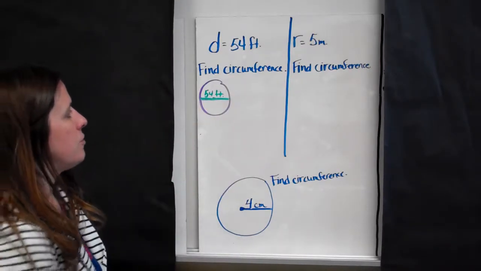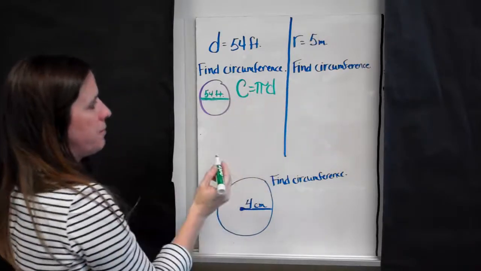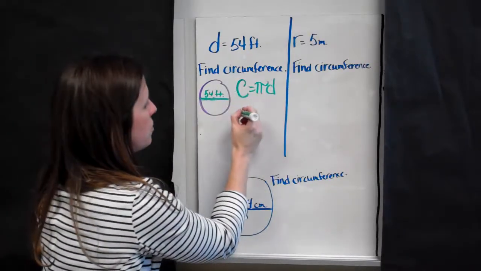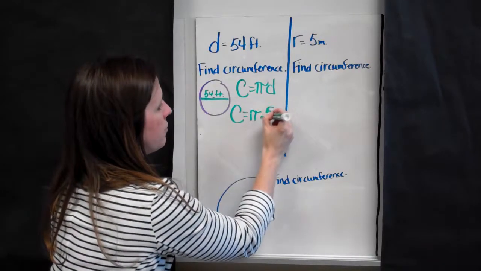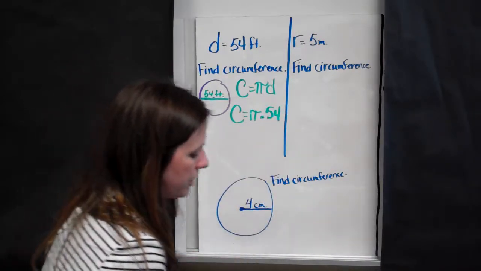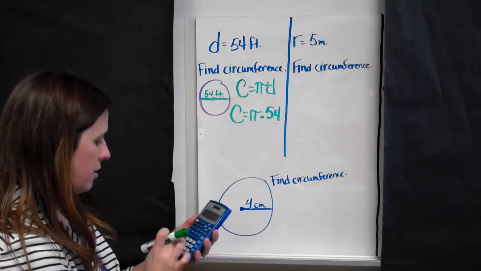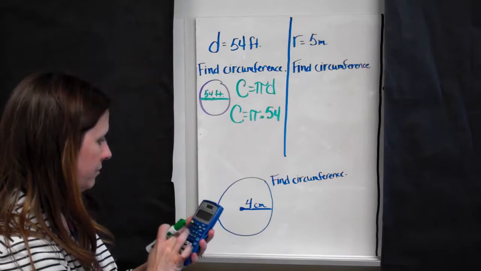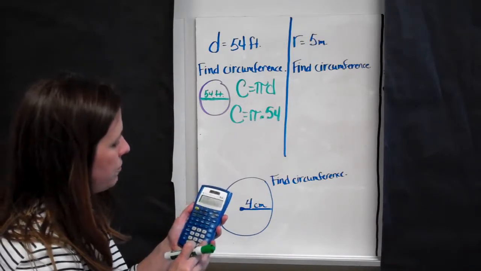To find circumference, we said you're going to take pi times diameter, and we know our diameter is 54. So we're going to do pi times 54. In your calculator, you would hit the pi button and multiply that by your diameter, which is 54.